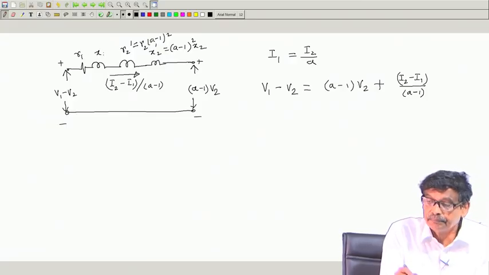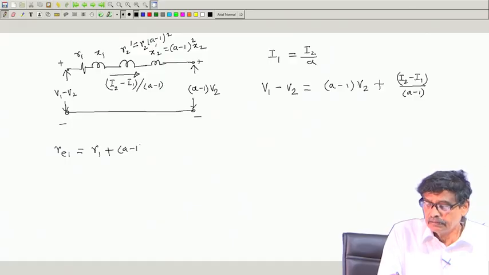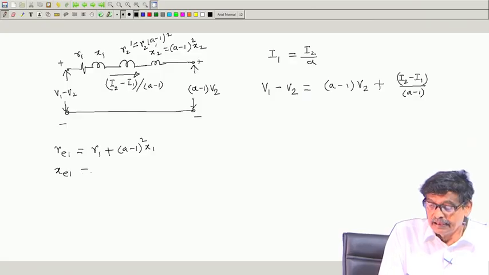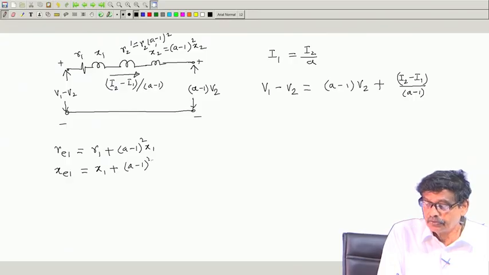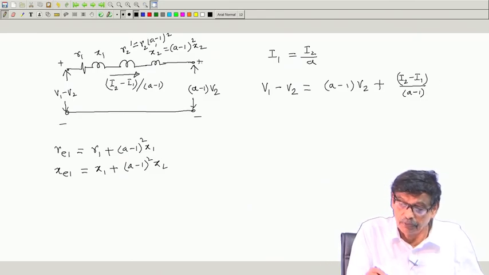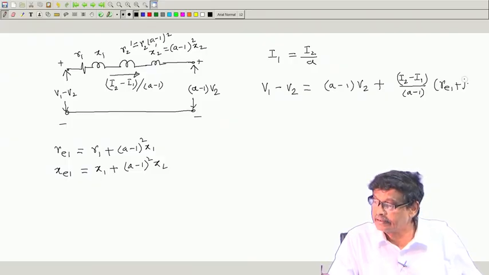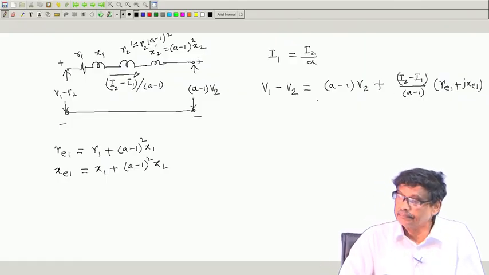If I define R E 1 as R 1 plus A minus 1 whole square R 2, and X E 1 as X 1 plus A minus 1 whole square X 2, if I combine them, then this can be written as this voltage plus the drop here, that is current into R E 1 plus J X E 1. This is the thing I can write.